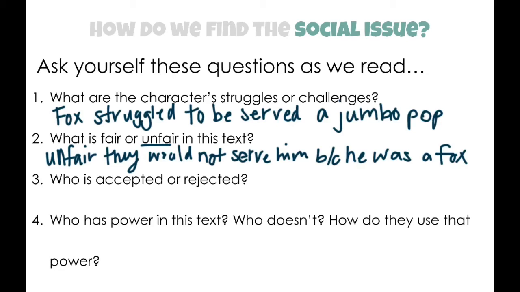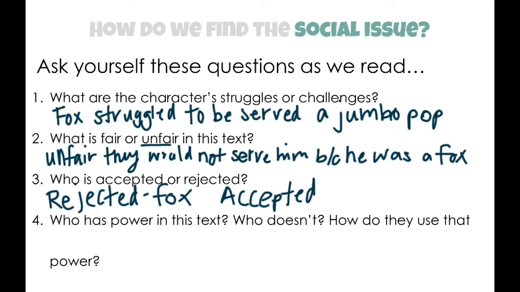So who is accepted or rejected? Well, in there it said like the fox was rejected. But who was accepted? I would definitely say other elephants were accepted. Okay. So who has power in this text?